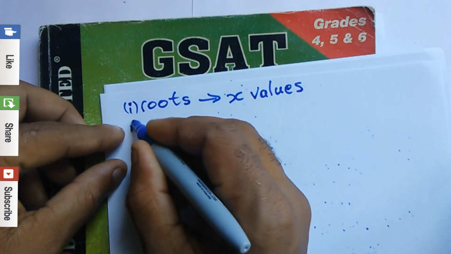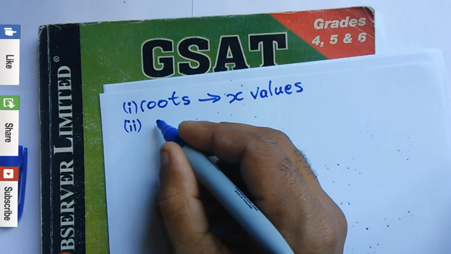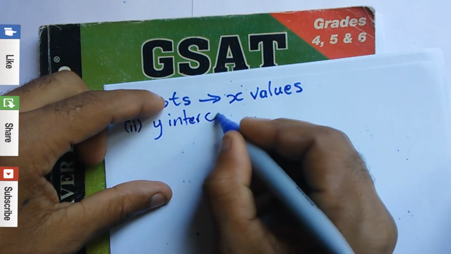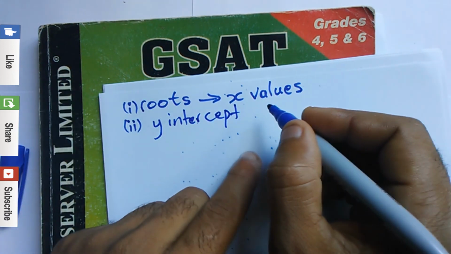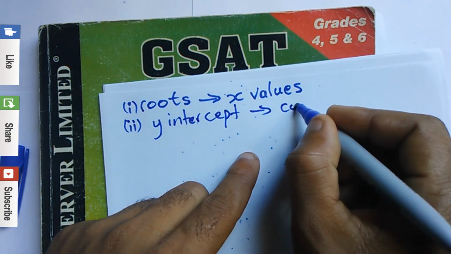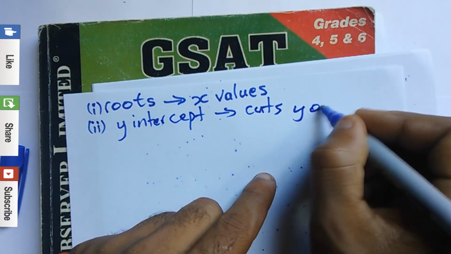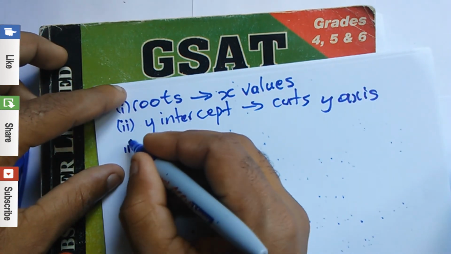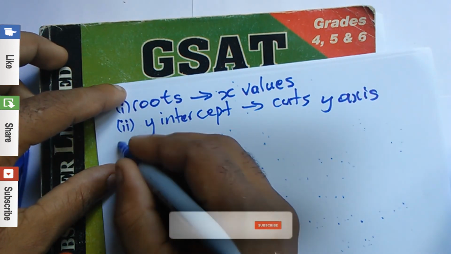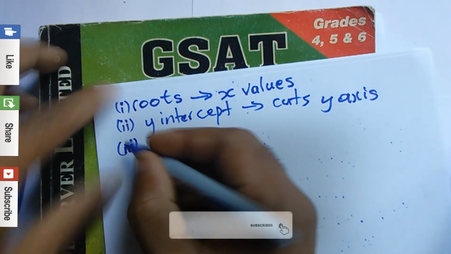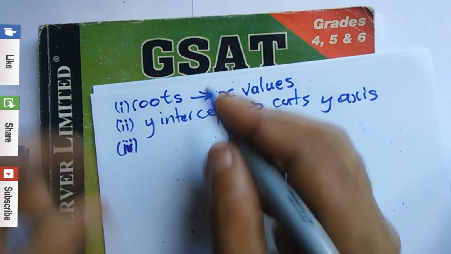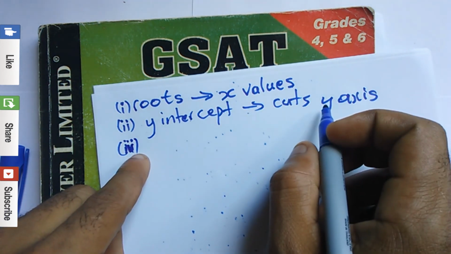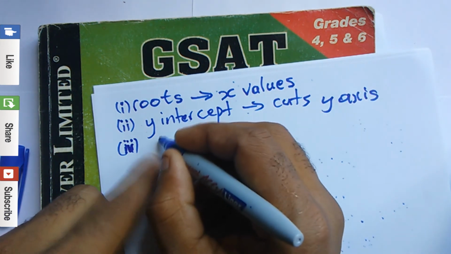I'm going to draw a little rough sketch and show you what I'm referring to when I'm talking about these pointers. The second thing I'm going to show is the y-intercept, which is where the graph cuts the y-axis. After I show the roots and the y-intercept, I'm going to show the axis of symmetry.